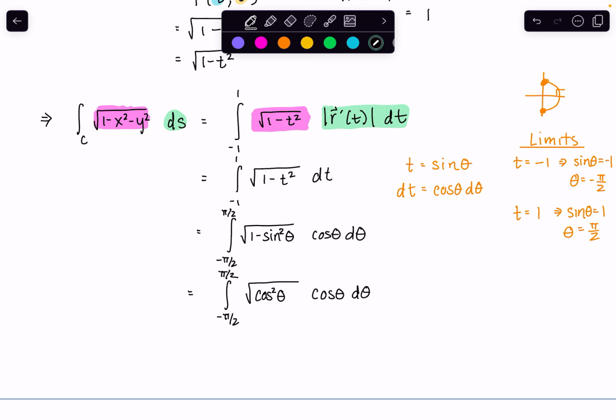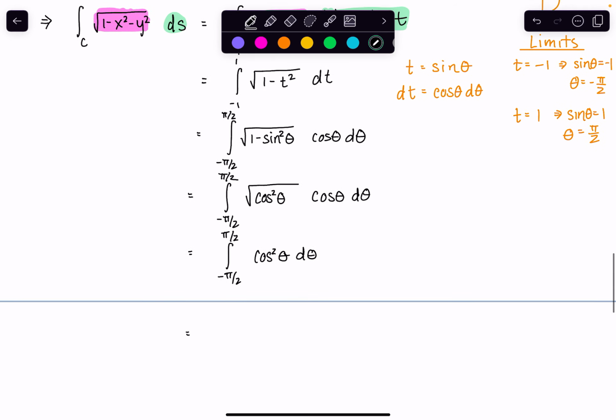Technically, it gives you those absolute values, but because of the interval that we're on, the right half of the unit circle, it's positive there. So this is the integral from negative pi over 2 to pi over 2 of cosine squared of theta. The square root cancels, and you get cosine times cosine, so cosine squared.